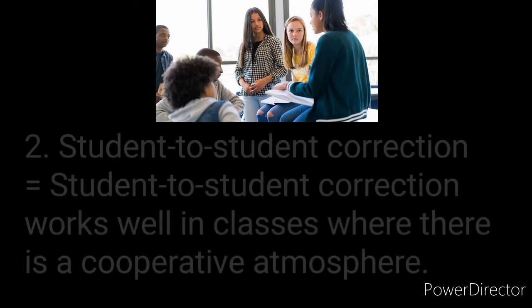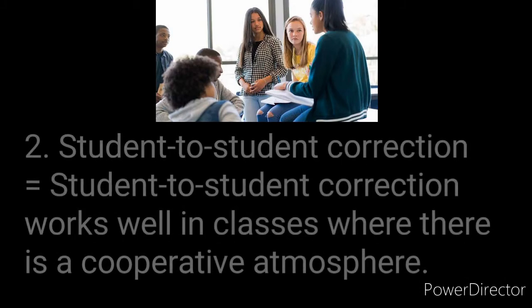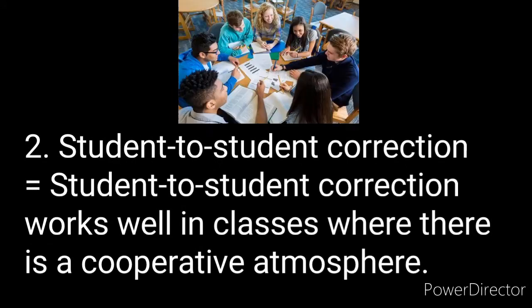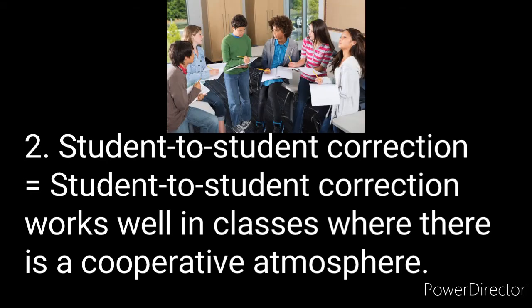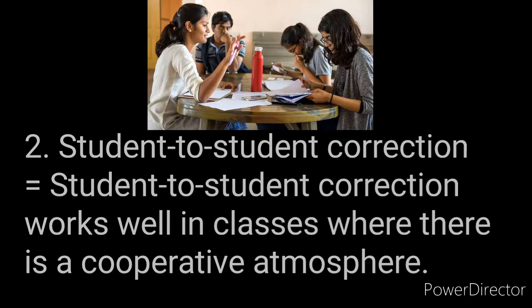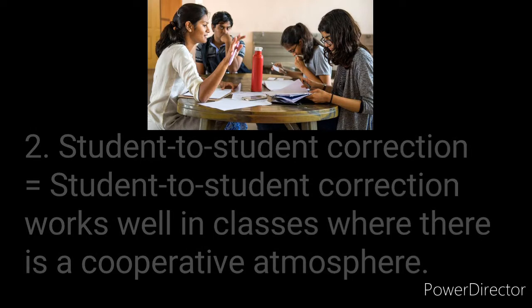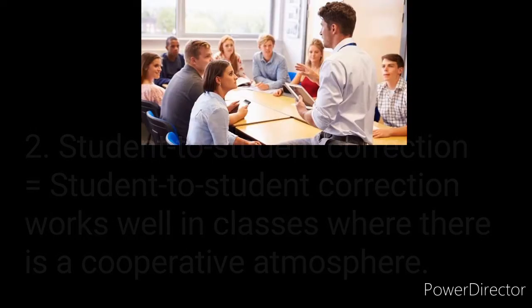Student to student correction: if a student is unable to correct herself, sometimes we might ask students to correct each other. Student to student correction works well in classes where there is a cooperative atmosphere. However, don't forget all about the first student who provides the wrong answer. You need to involve her in one way or another.